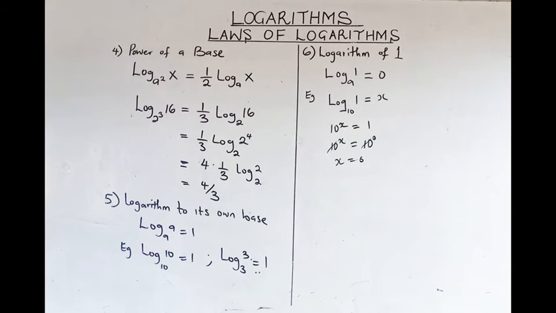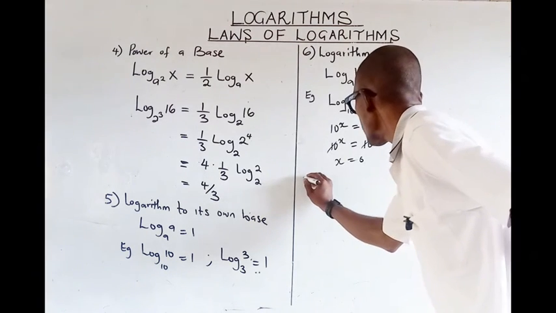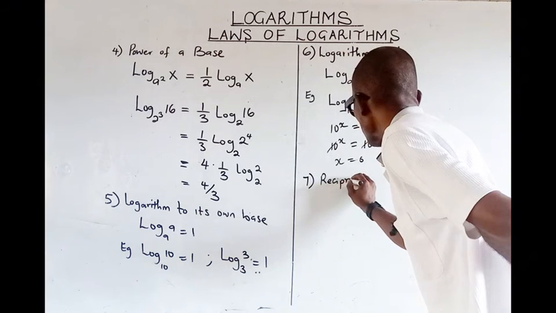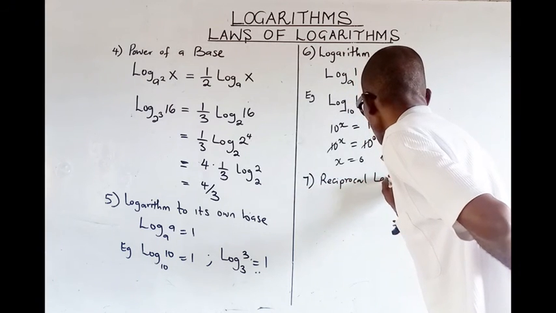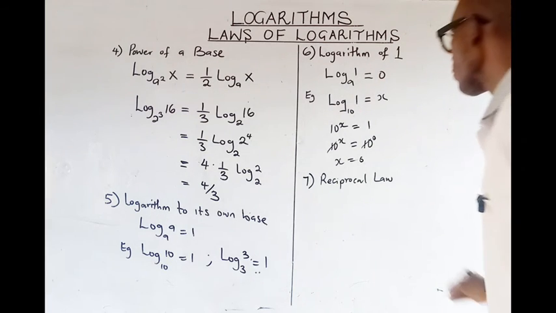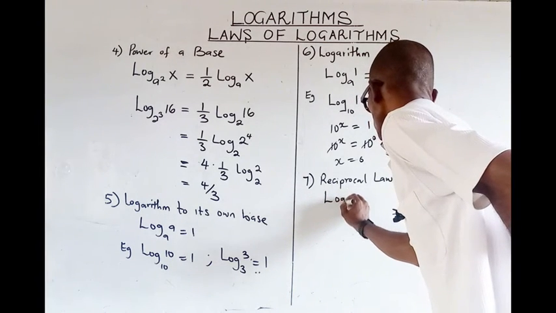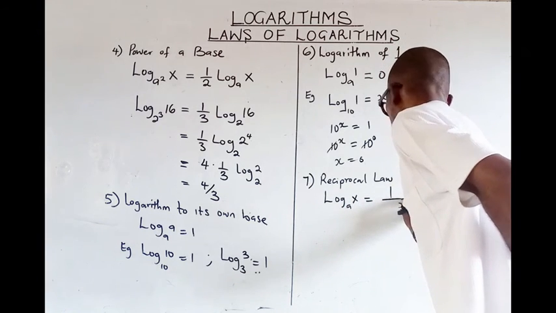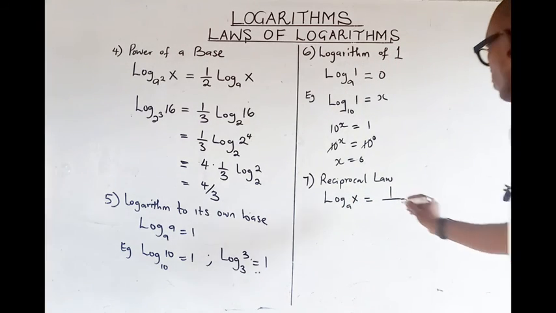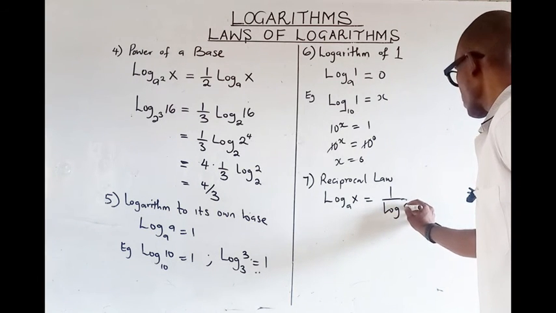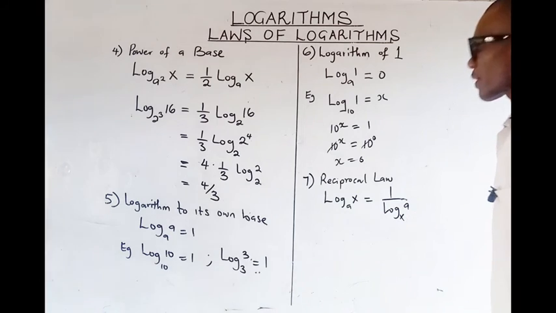We also have the reciprocal law, number 7. The reciprocal law states that if you have, say, log x base a, the result will give us 1 over log a base x.